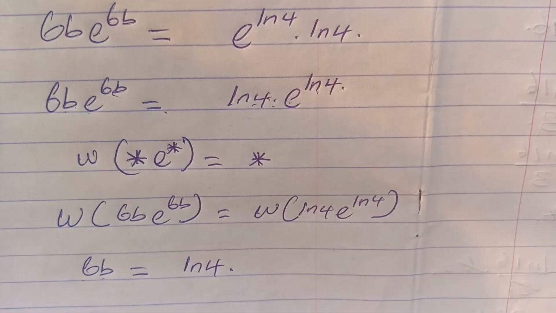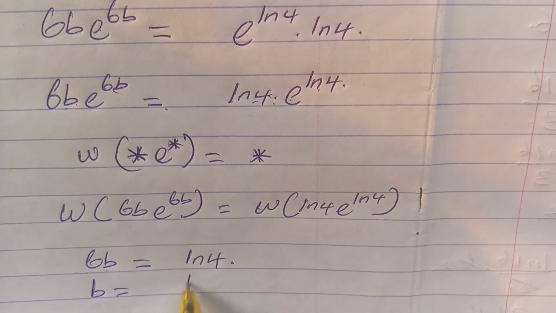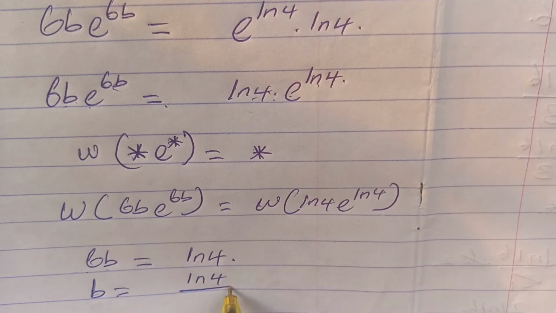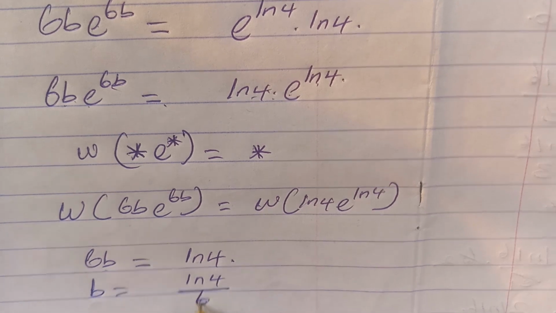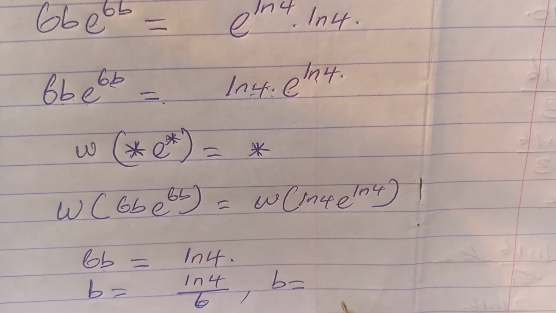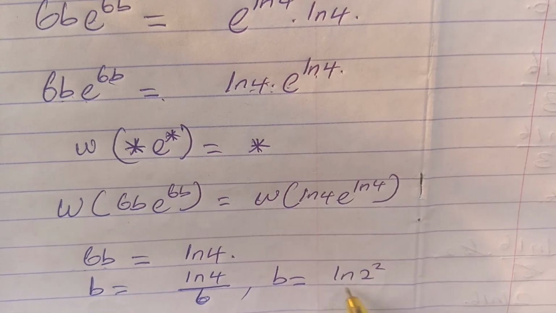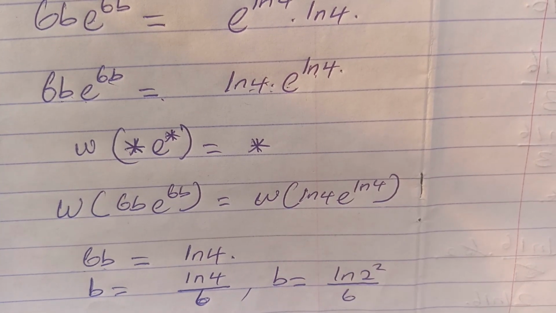So having done this, we can say our b is equal to ln 4 divided by 6. Therefore, b is equal to ln of 2 to the power of 2 over 6.